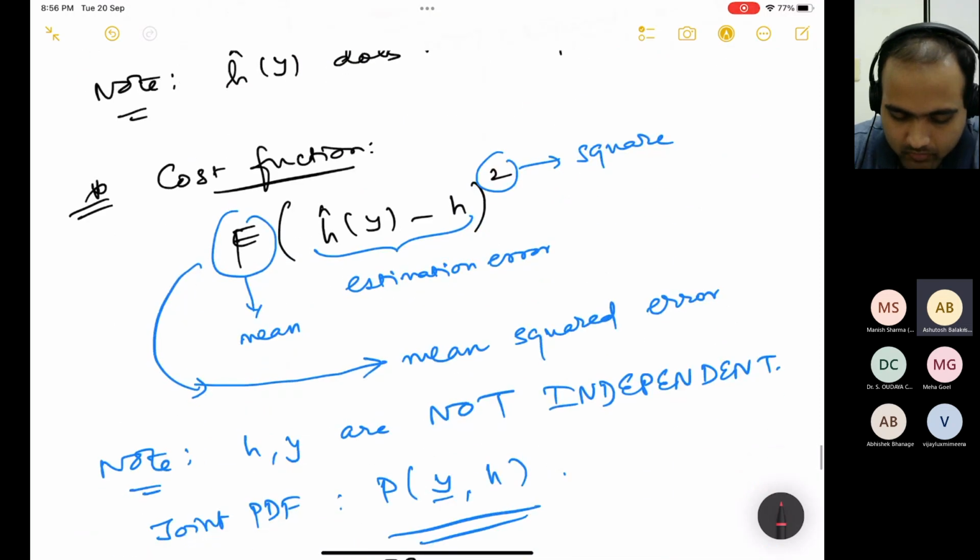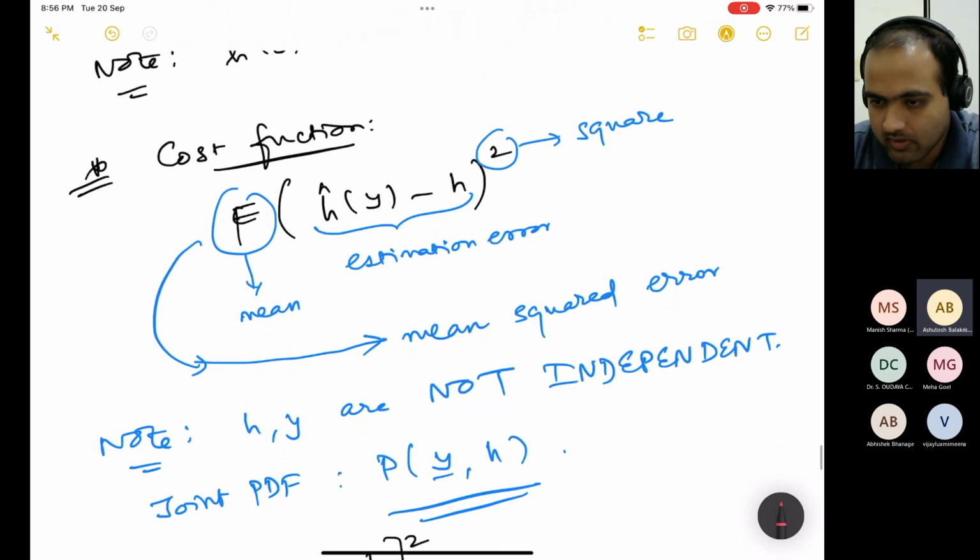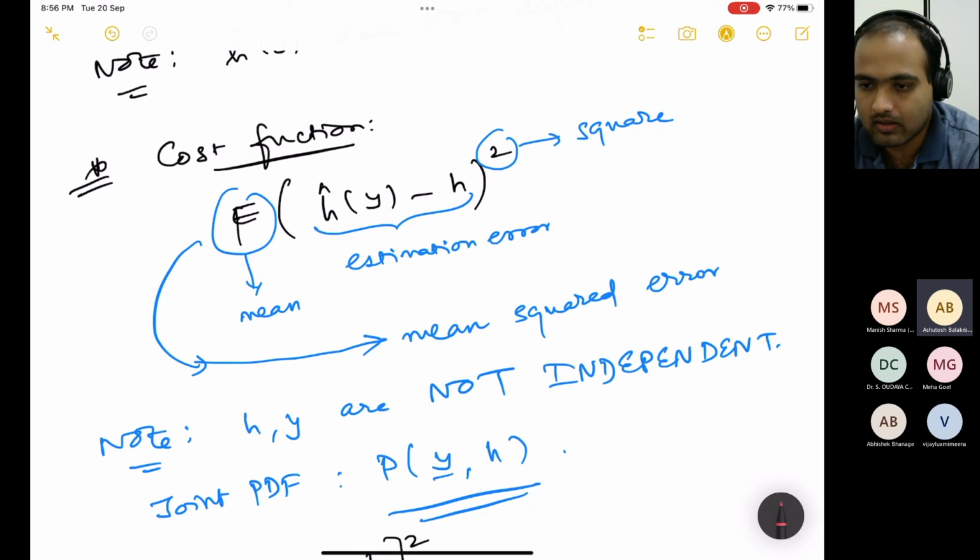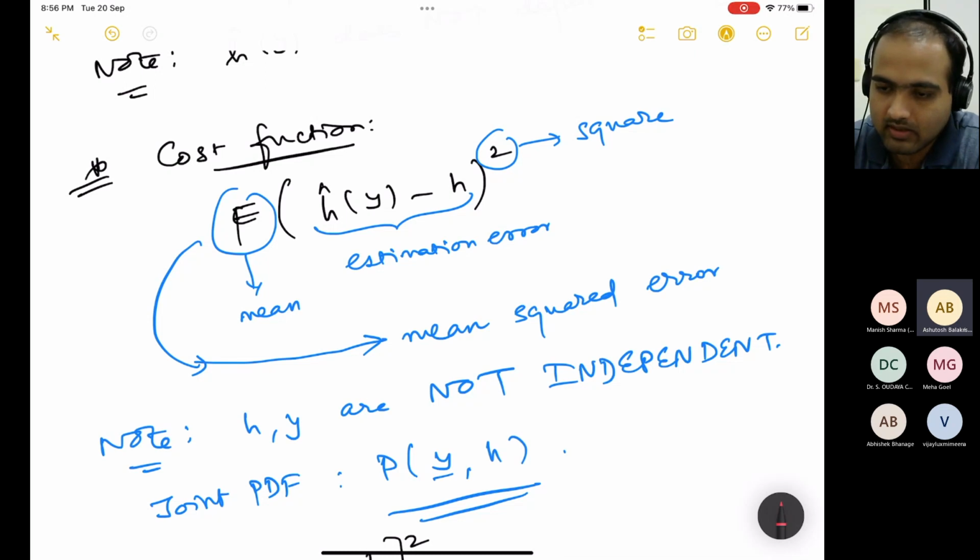So what is my cost function? Earlier, we were maximizing the log of likelihood, which was our cost function. We used to differentiate it with respect to h to find out the optimum value of h.